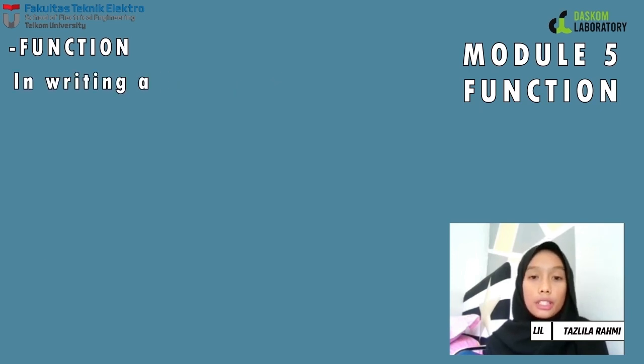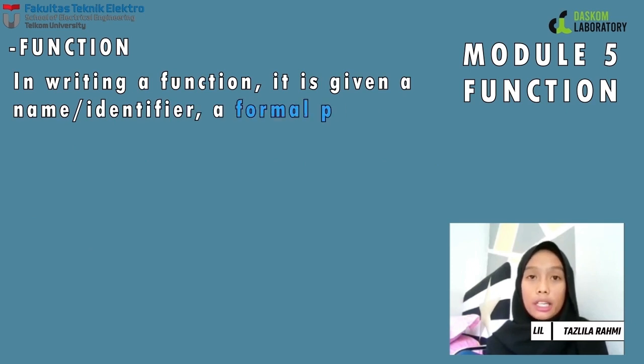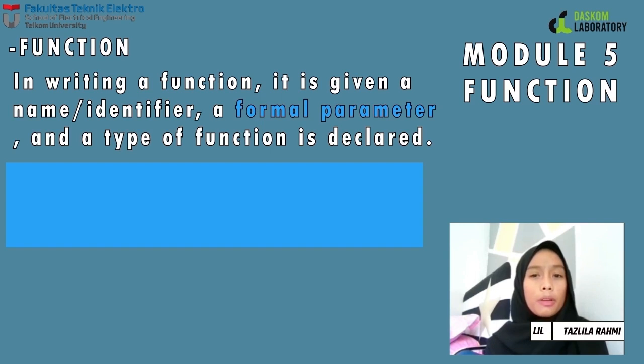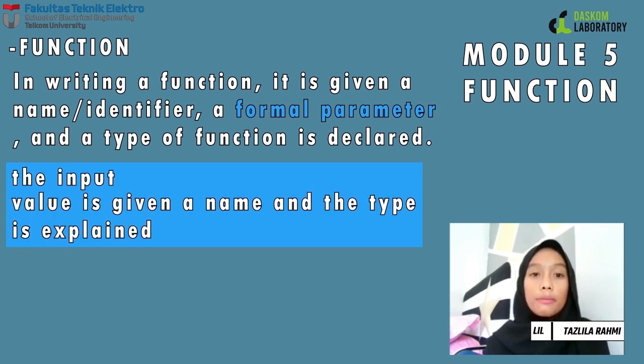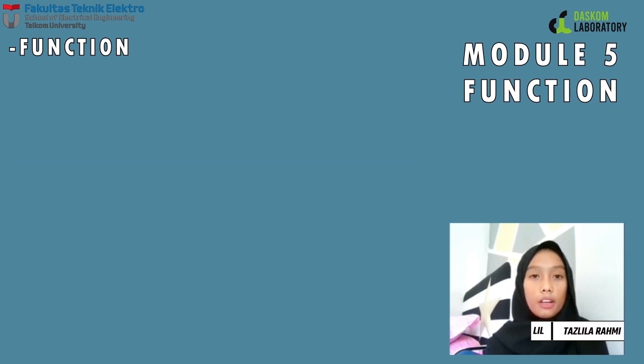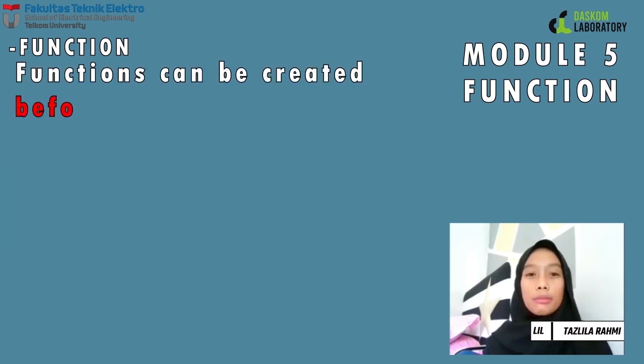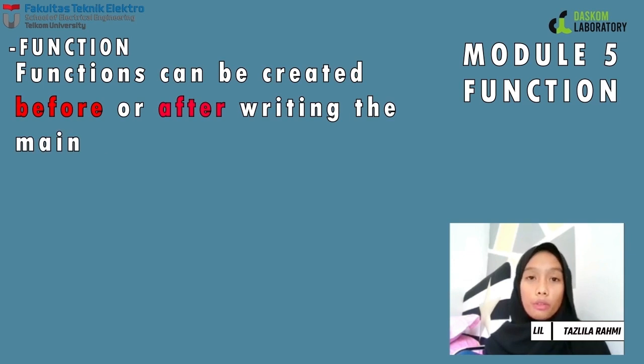In writing a function, it is given a name or identifier, a formal parameter, and a type of function is declared. Formal parameter means the input value is given a name and the type is explained. Functions can be created before or after writing the main program.